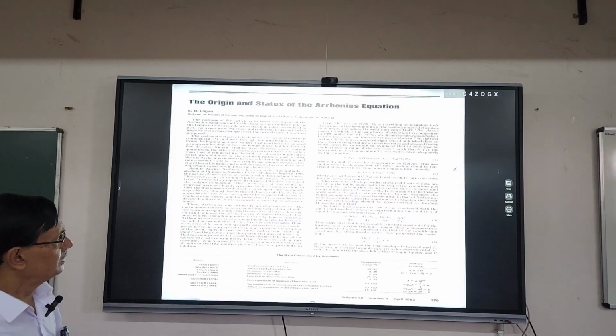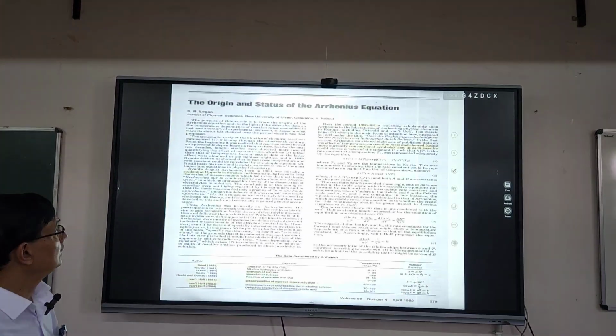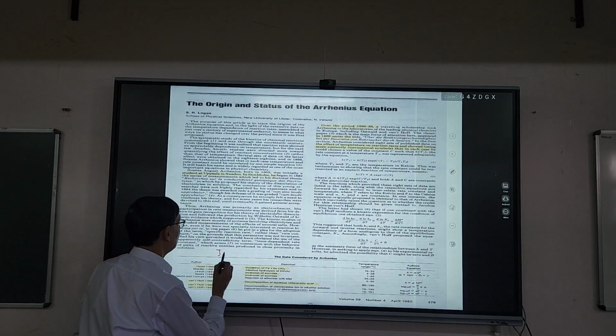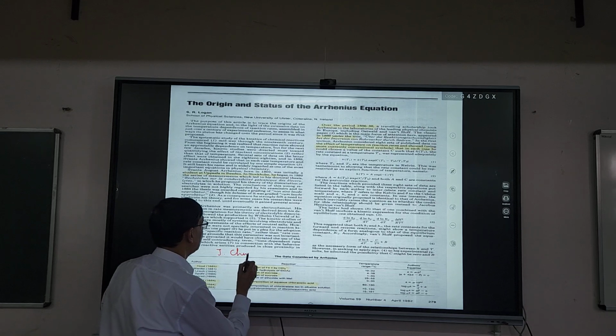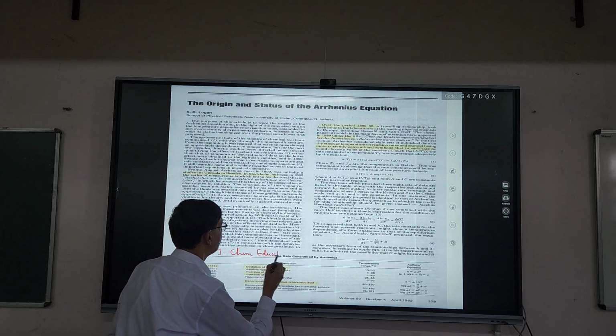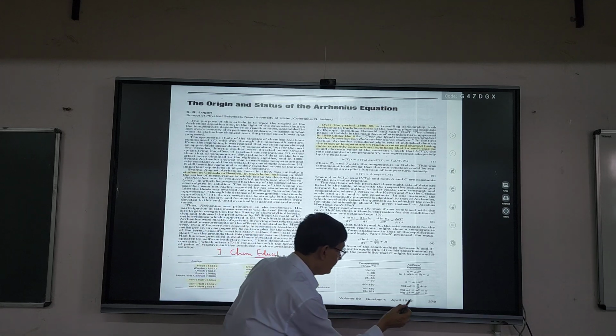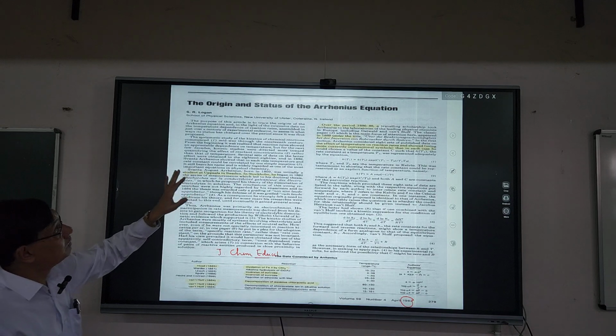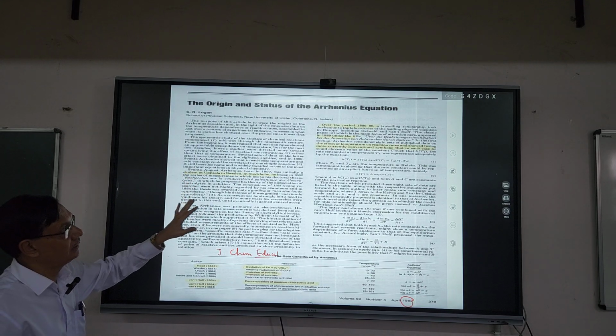So before I end, I will show my last transparency, because today I will not discuss the whole thing. As I told you, it is also from the Journal of Chemical Education, I think in 1982. The origin and state of the art, still people are remembering him.